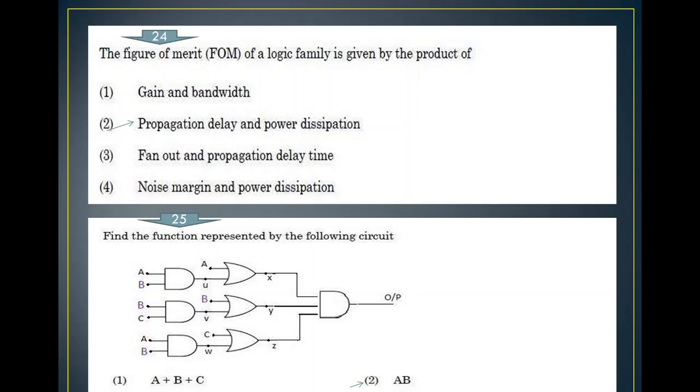Next question, question number 25. Find the function represented by the following circuit. You can see here the circuits. These are the AND gates, these are OR gates, and all are coming into an AND gate, and then you get the output.